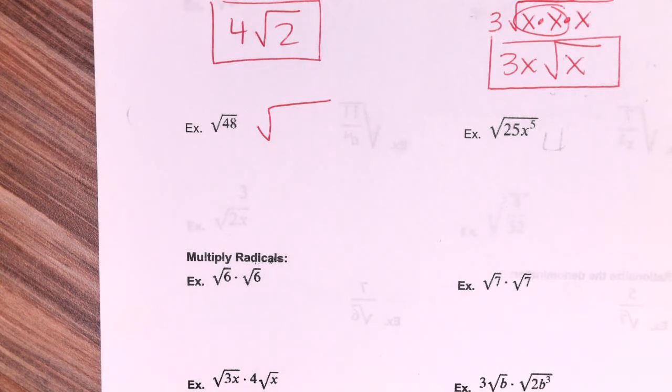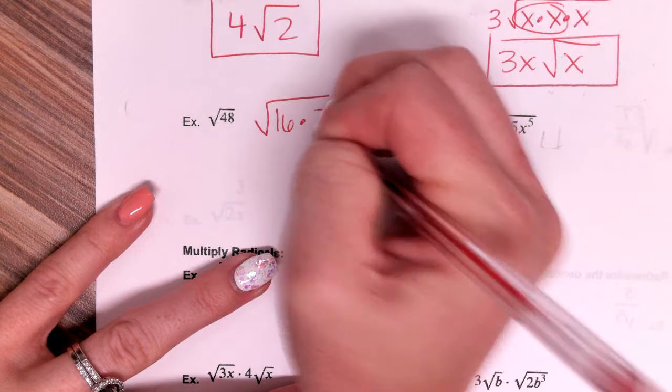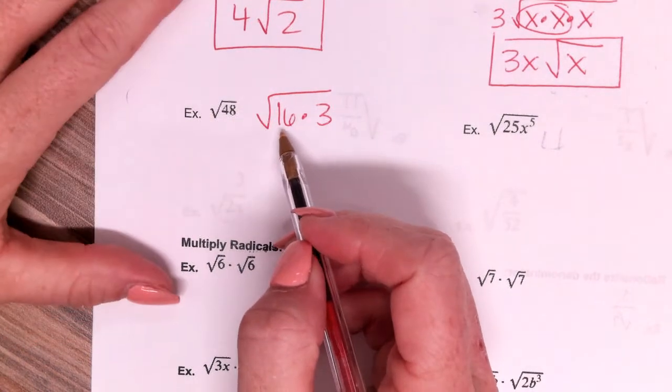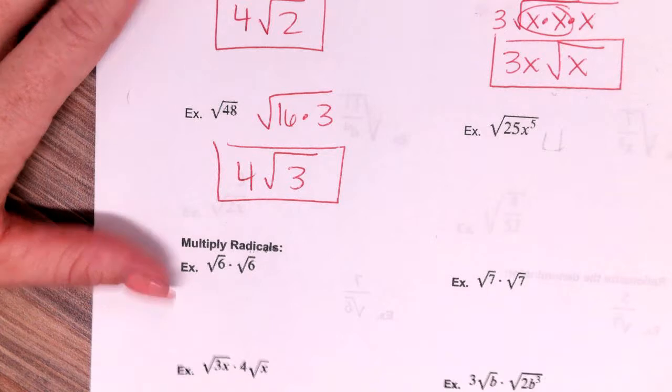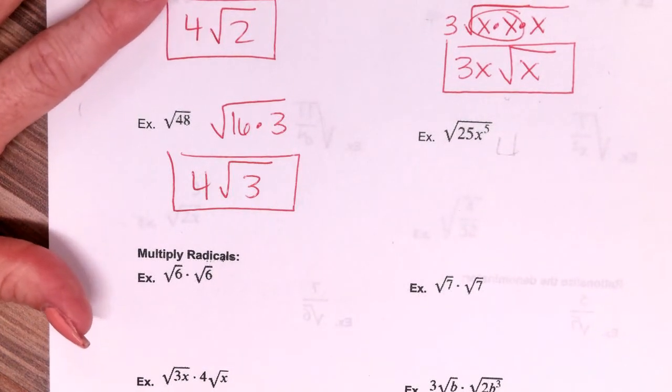You'll see what I'm saying? So you're looking for your perfect square. So 16 is a perfect square. So 16 times 3. What is the square root of 16? And then leave the square root of 3 under it. This is algebra.